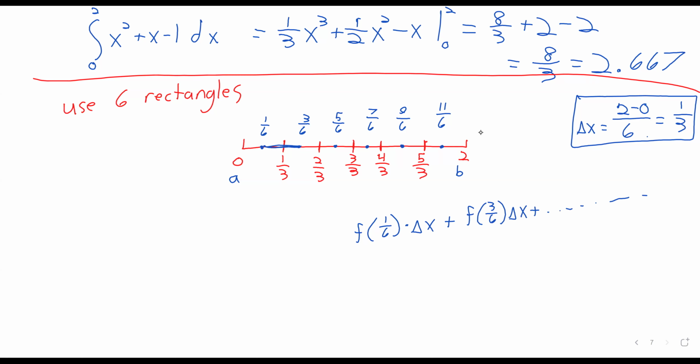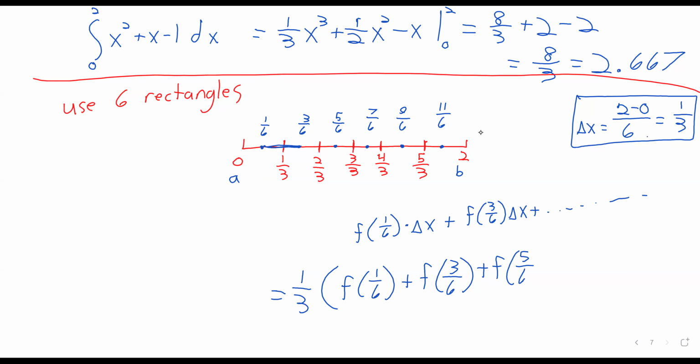So we can pull delta x out. 1/3 times f of 1/6 plus f of 3/6 plus f of 5/6 plus f.